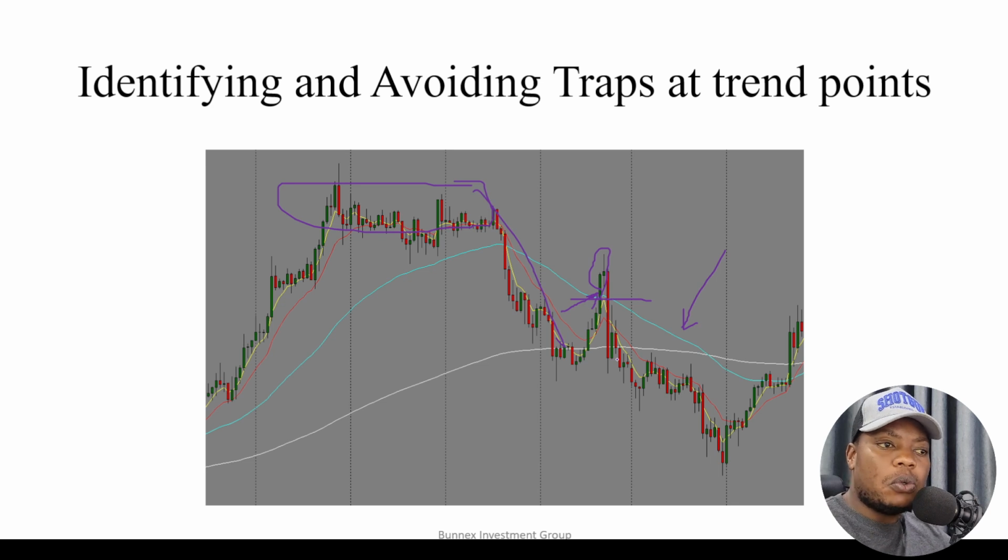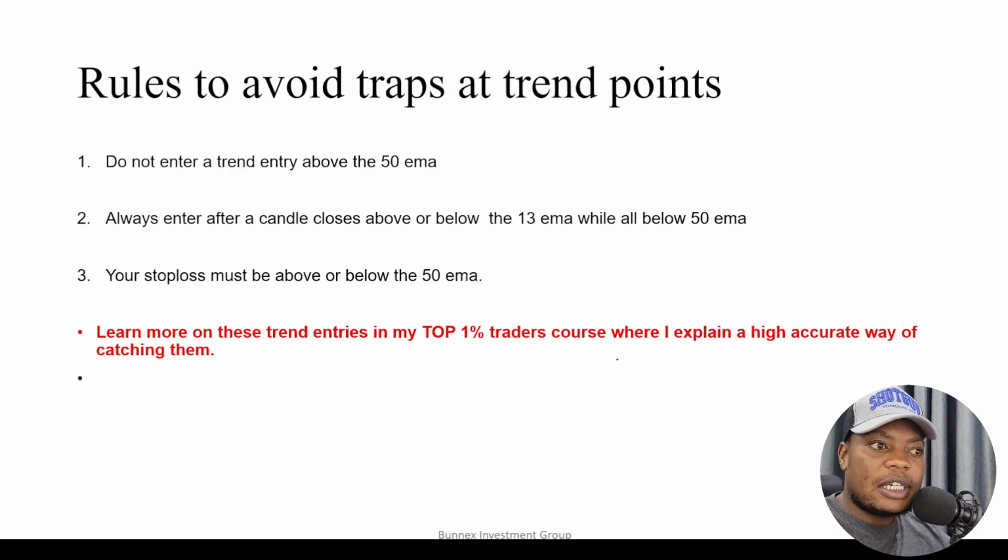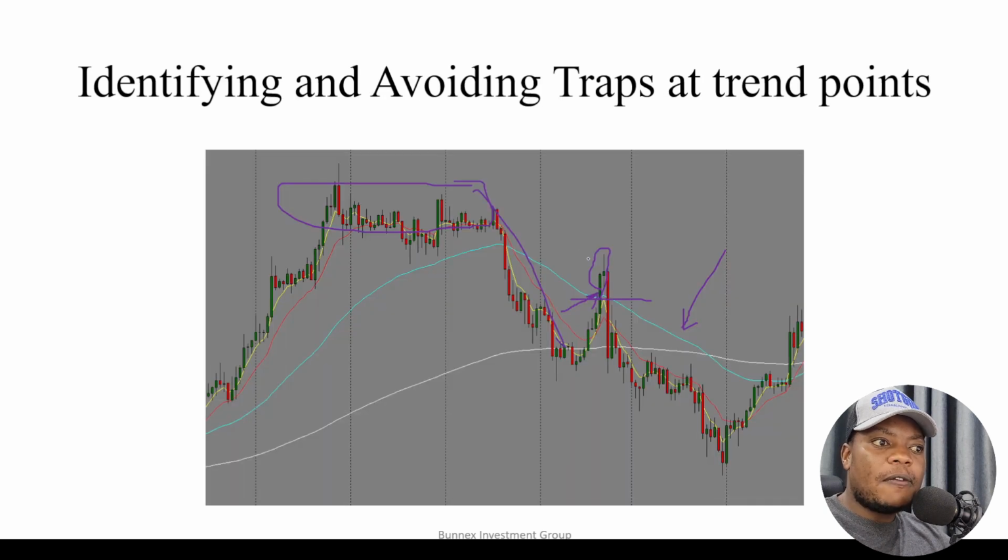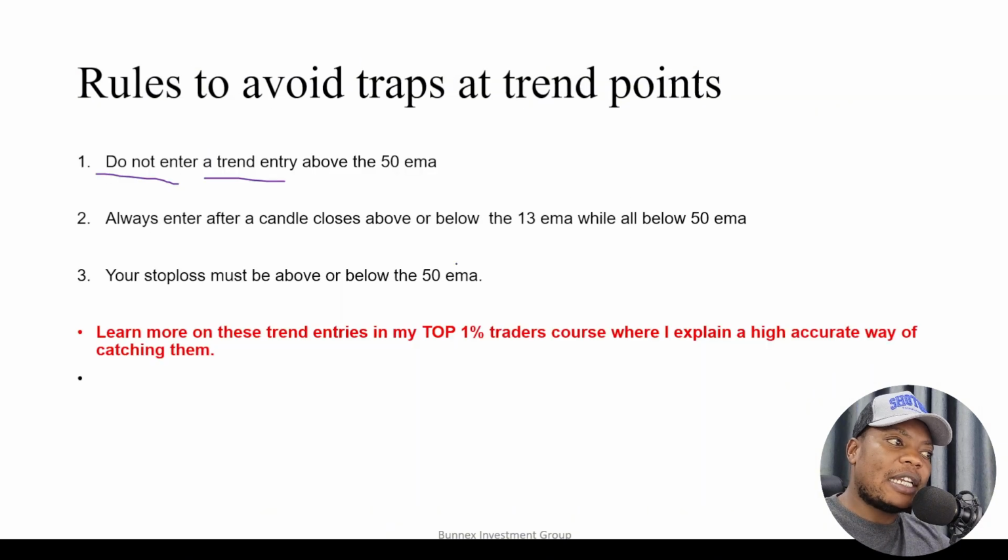So here are the rules of how you can avoid being trapped when you are in a trending mode. So do not enter a trend entry above the 50 EMA. If you find yourself entering a trade right above the 50 EMA in this particular instance, you are doing it wrong, because you are likely to get trapped and the market will likely keep on going to the upside, basically like that.